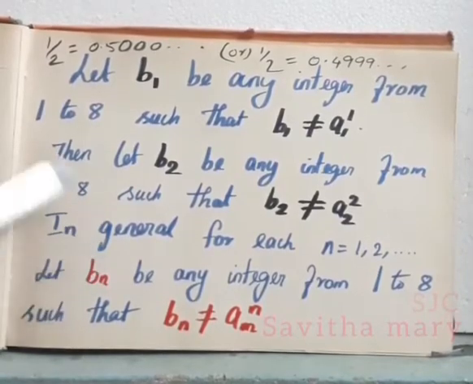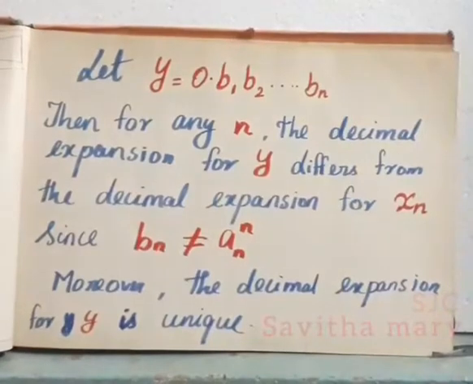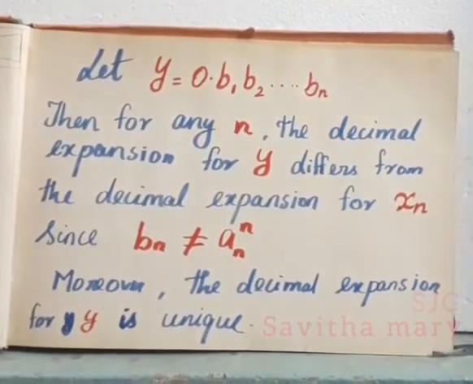That is why I am avoiding the digit 9 in the selection of b1, b2 and so on.